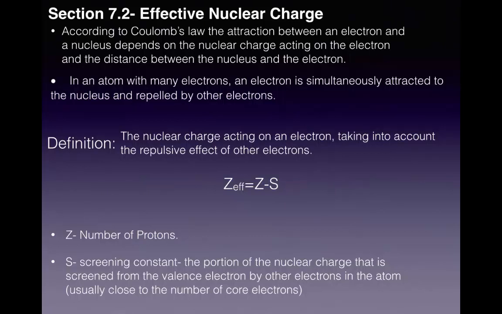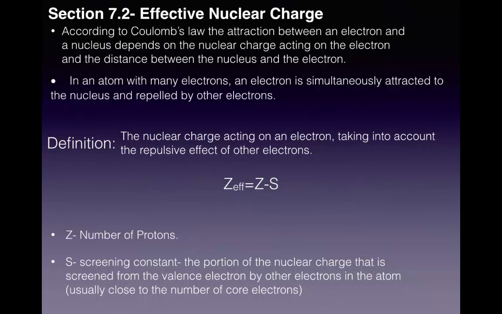It is important for you to remember, looking at the effective nuclear charge, the effective nuclear charge is always going to be less than the actual nuclear charge. And the reason why is when we're thinking about just the nuclear charge of any atom, let's say it has 11 protons, we're not considering the shielding or screening effect that core electrons have on valence electrons.